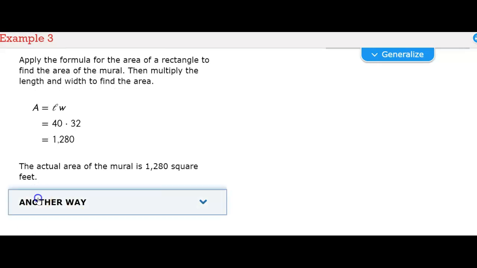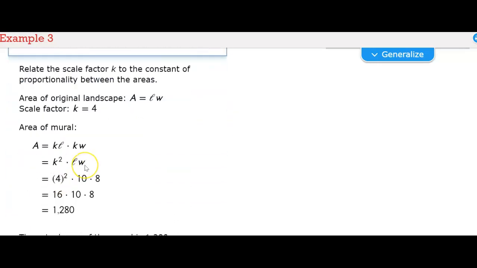Another way is to relate the scale factor K to the constant of proportionality between the areas. The area of the original landscape is length times width, and the scale factor K is equal to 4. So the area of the mural is K times L times K times W. K, again, we know is 4.